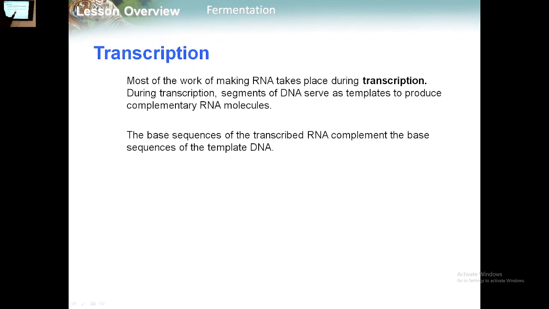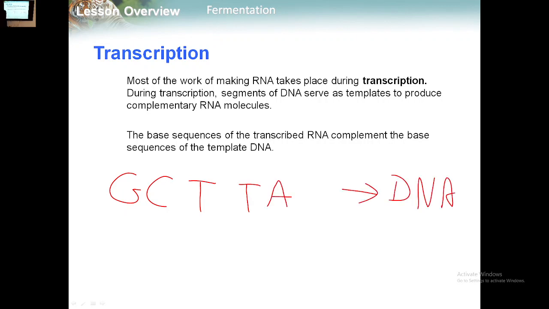So we have the template DNA. The code in the template DNA is, as an example, G, C, T, T, A. This is the DNA template, okay? If you want to find the RNA which is complementary to this segment, this is the RNA.